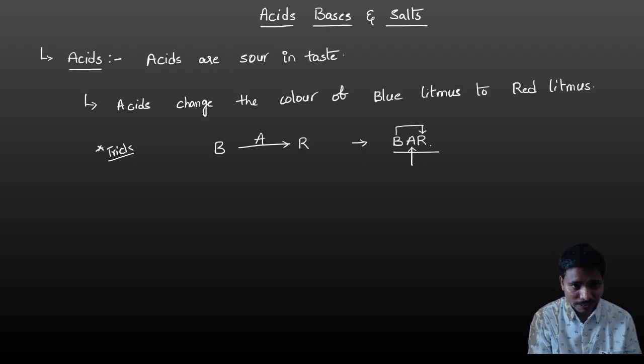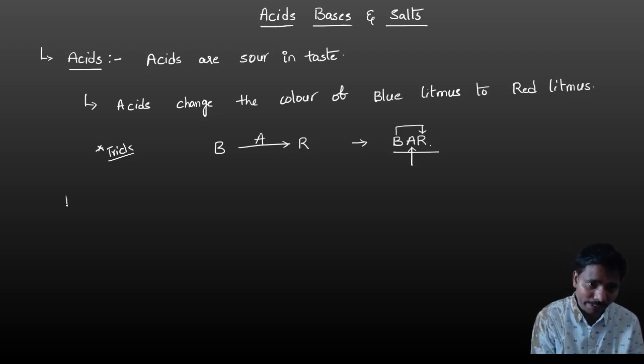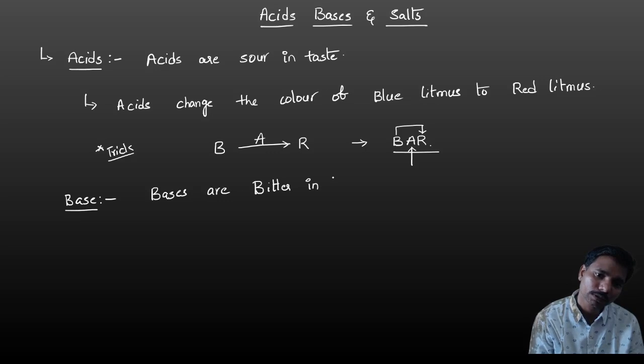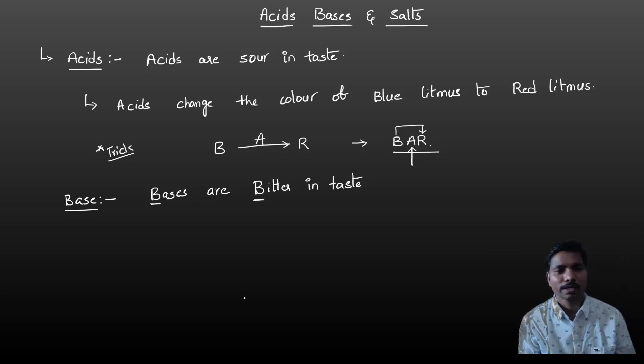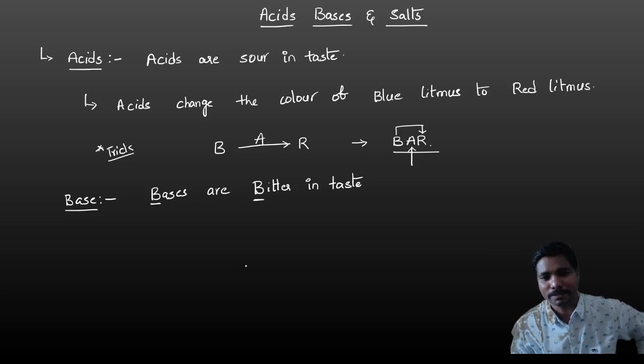Okay, in the same way, let us take a base. Bases are bitter in taste. Okay, so you can simply remember B for B. Okay, so all the metals are bases.